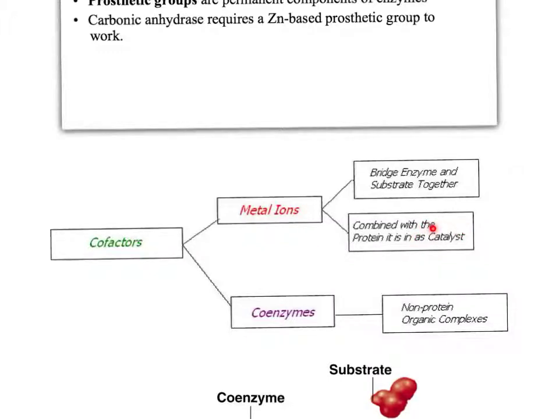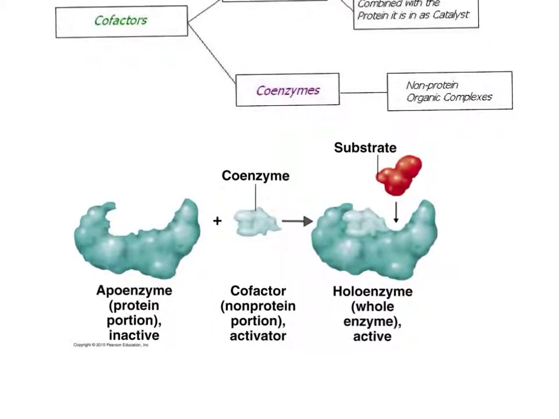Whereas coenzymes tend to be larger organic molecules, and they tend to bind alongside the substrate to the active site. Down here is an example of what a coenzyme might do.